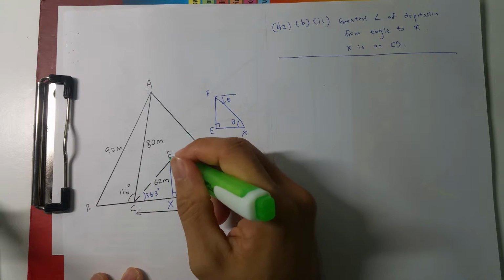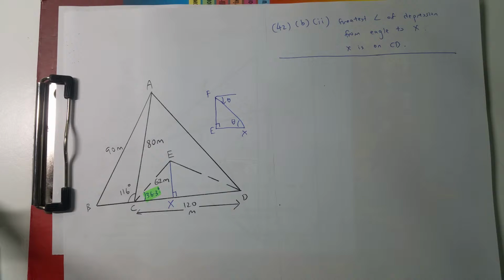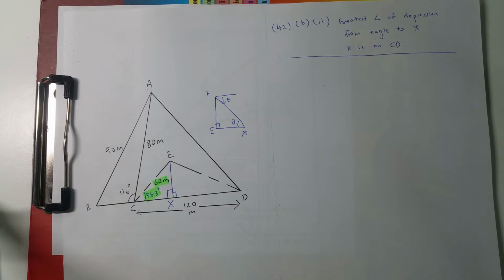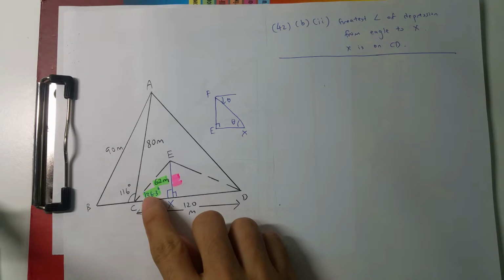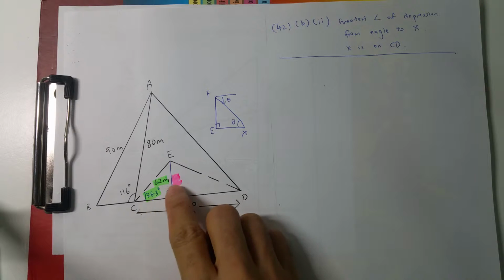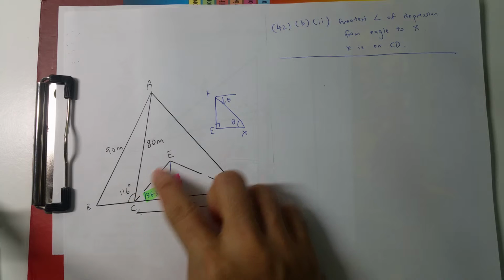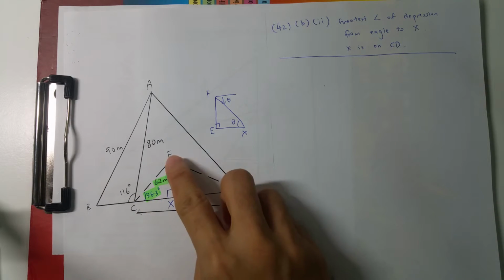Angle ECX is 36.3 degrees. CE is 62 meters. This is a right angled triangle. Therefore, we can use opposite to the 36.3 degrees, which is EX, hypotenuse of the triangle, which is 62 meters, and this angle to find EX.